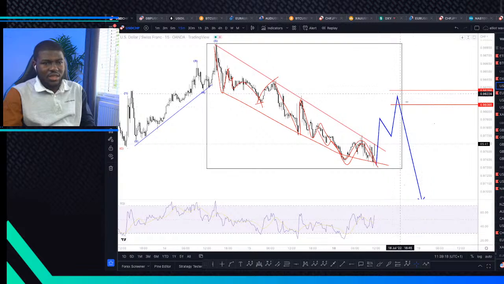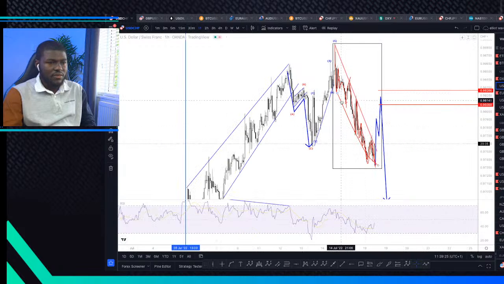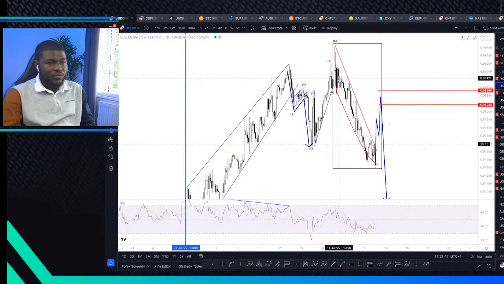So we are expecting a rejection or retracement from anywhere here before we can join our sell position on USD, and I think that is in confluence, in agreement with what we analyzed earlier on DXY in the former live video, before we had the break in transmission.